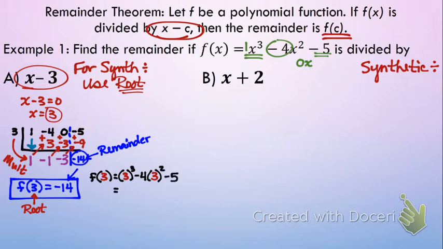What's 3 to the third power? 27. Minus 4 times 3 squared, so that's minus 4 times 9. So minus 36 minus 5. 27 minus 36. -9 minus 5. -14.